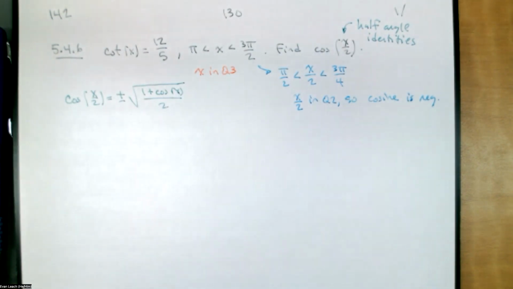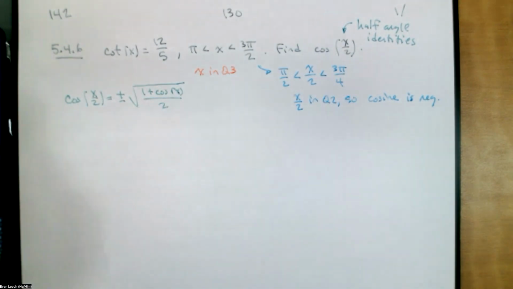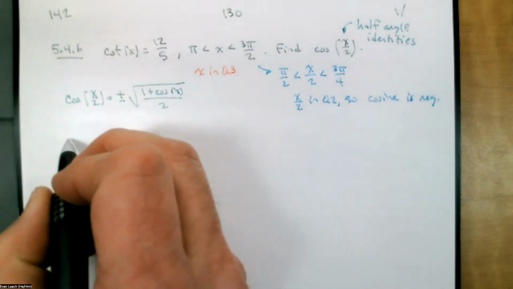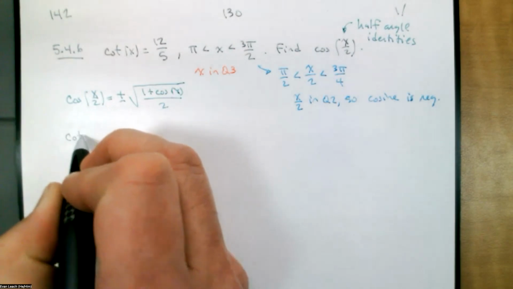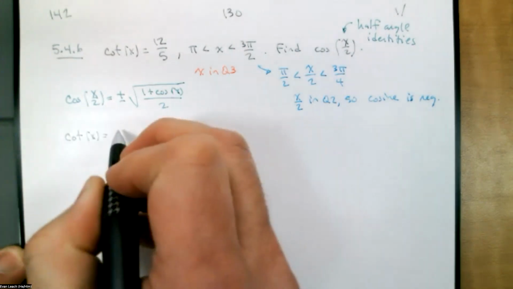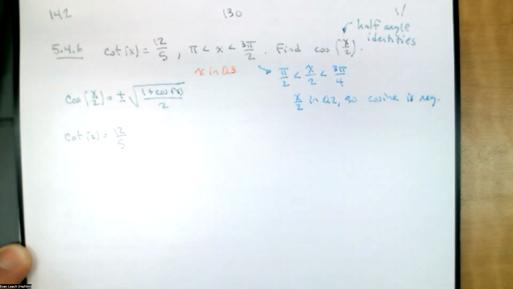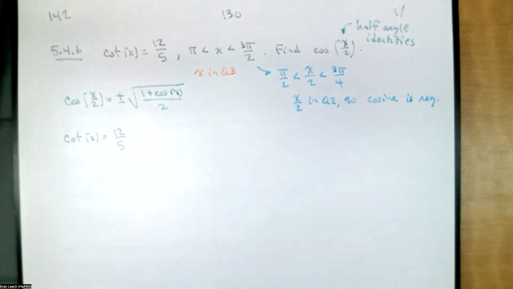We have cotangent of x is 12 over 5. The half angle identity for cosine, which is what we want to use, involves the cosine of x. So I'm going to use the cotangent of x to get at the cosine of x. Since we know that cotangent of x is 12 over 5, we'll set up a right triangle. Tangent is opposite over adjacent, so cotangent is adjacent over opposite.